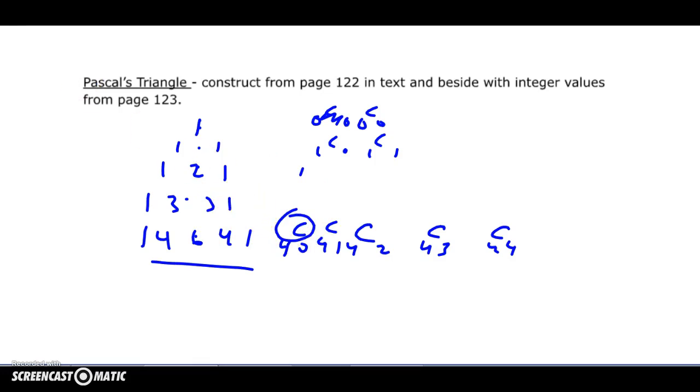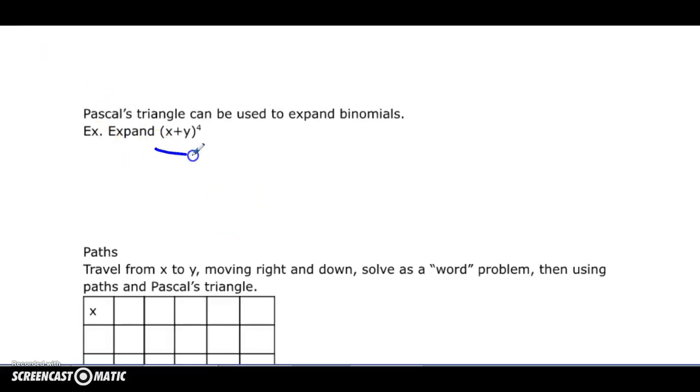And if you remember from last year, why we use Pascal's triangle is to expand binomials that are higher powers than this. So when you expand (x + y) to the 4, you can go to the 5th row of Pascal's triangle and then expand this.